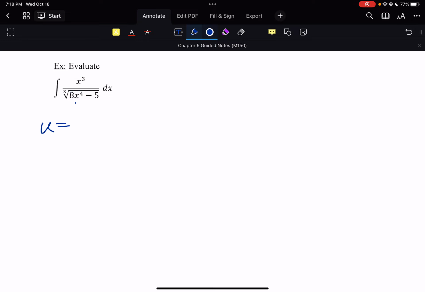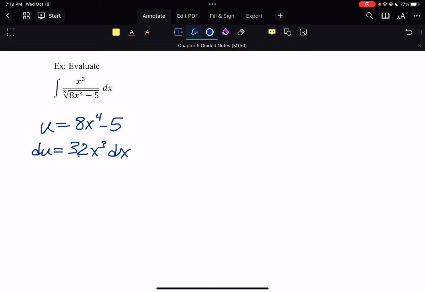So let's take, usually the denominator is a pretty good place to start. Plus, this is a 4th power, so its derivative is going to be a 3rd power. So that's a good thing to take note of as well. So we'll let u be 8x to the 4th minus 5. Then du will be 32x cubed dx.